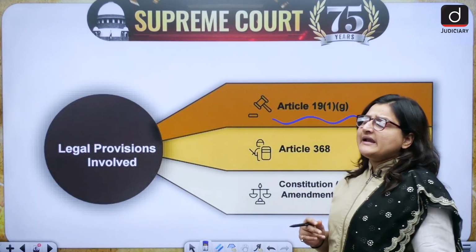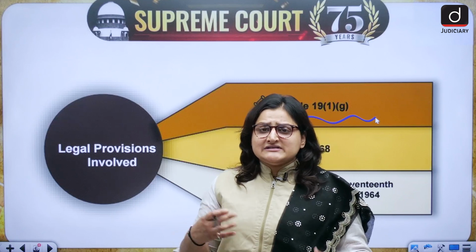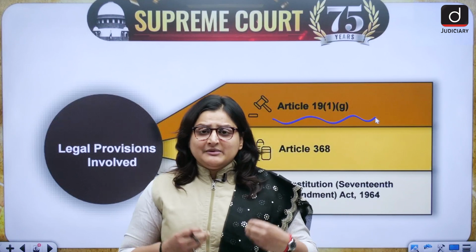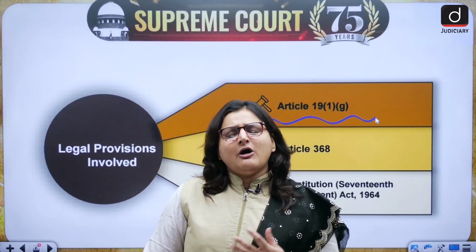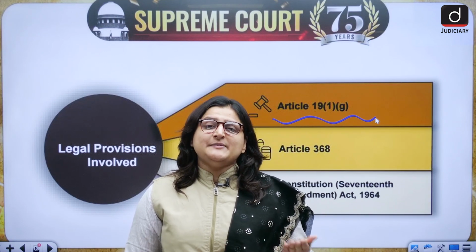It is Article 19, Clause 1, Subclause G, because he claimed that if the zamindar's land will be acquired by the government, how will they carry on their trade, occupation, business with respect to the land.